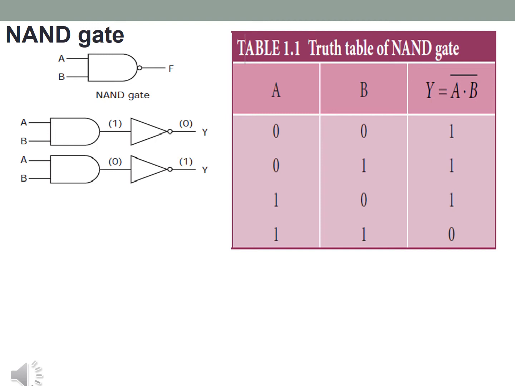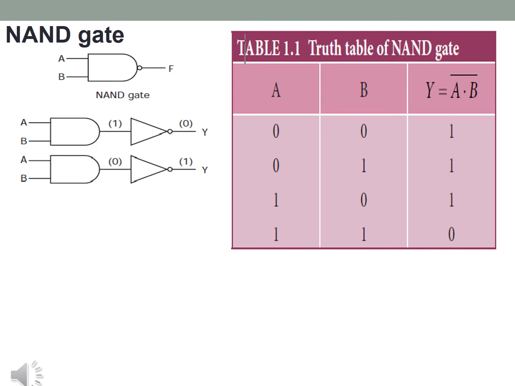Now the logical multiplication and its complement. 0 0 multiplied is actually 0, but the complement is 1.